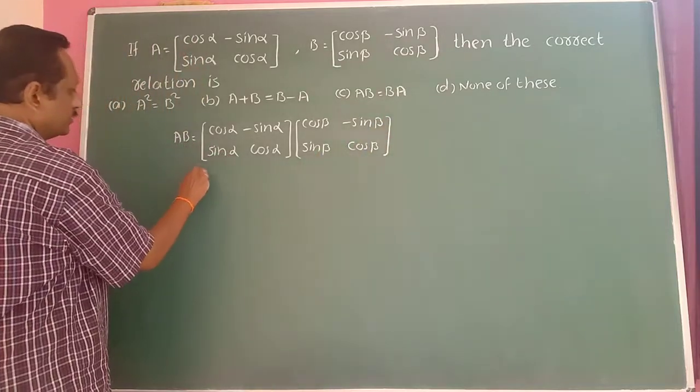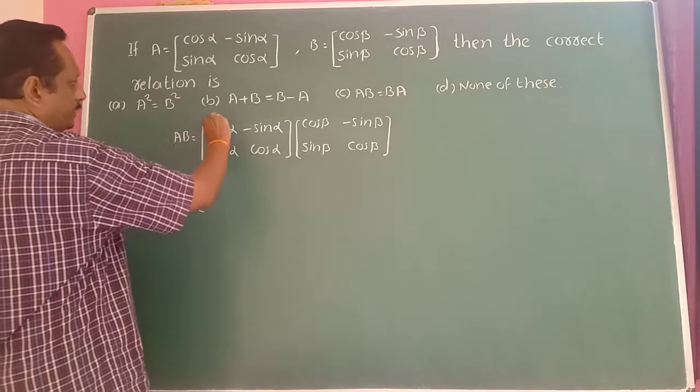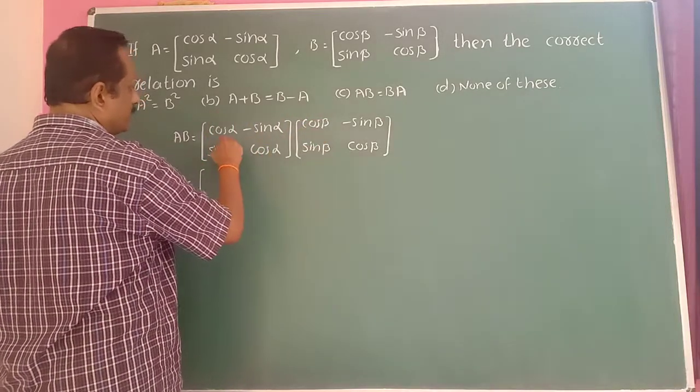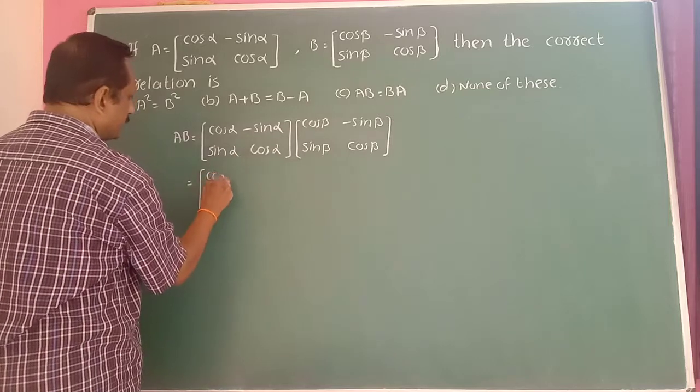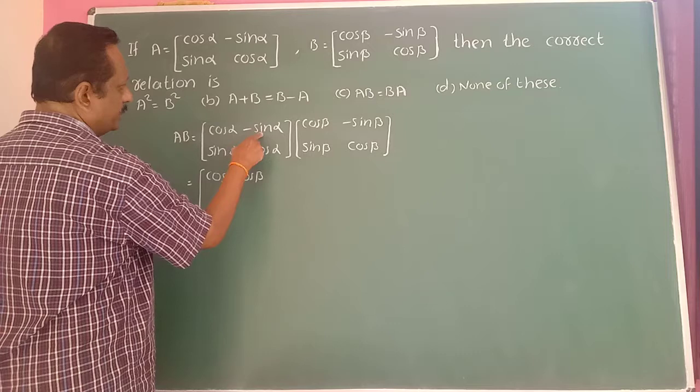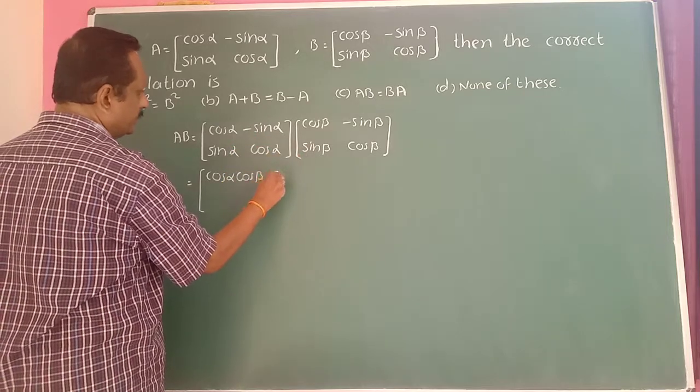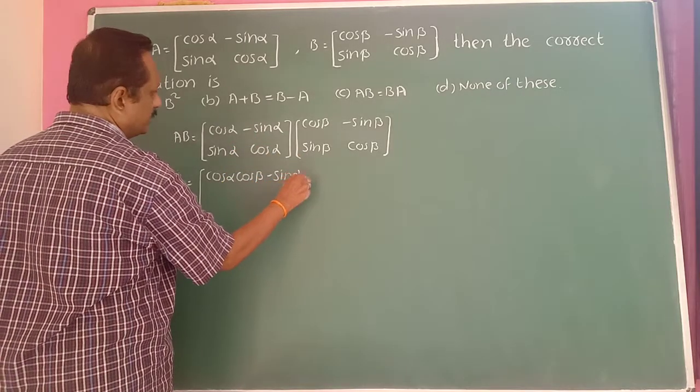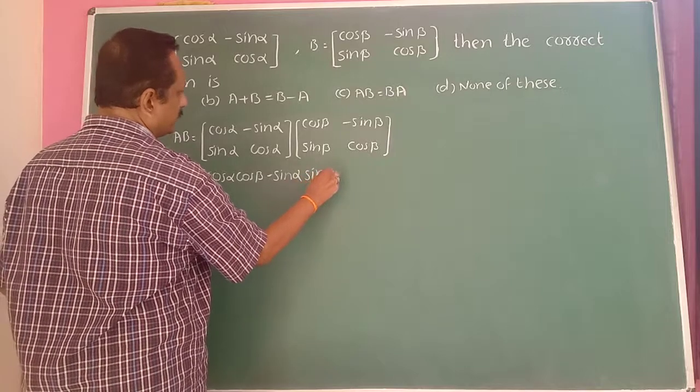Therefore, this is equal to multiplying this row with this column here: cos alpha cos beta, minus sin alpha sin beta.